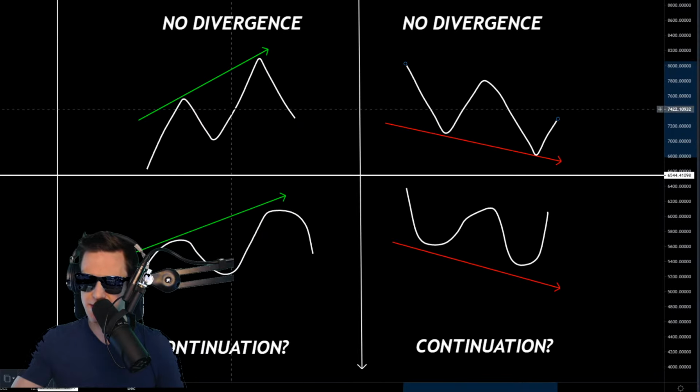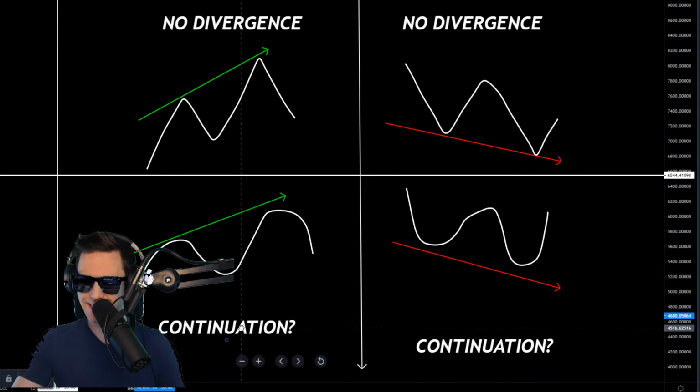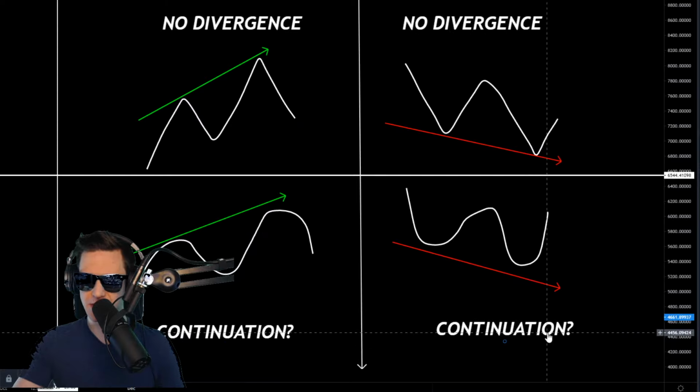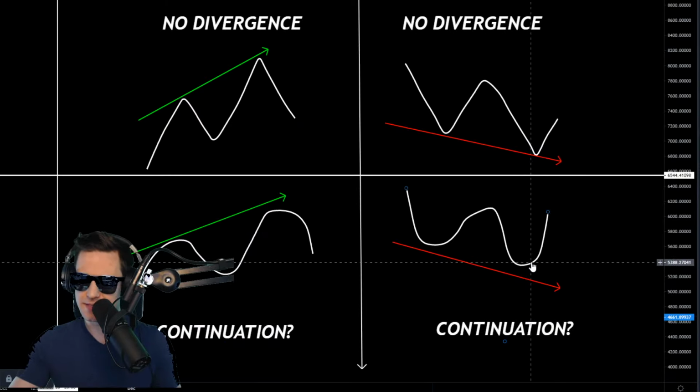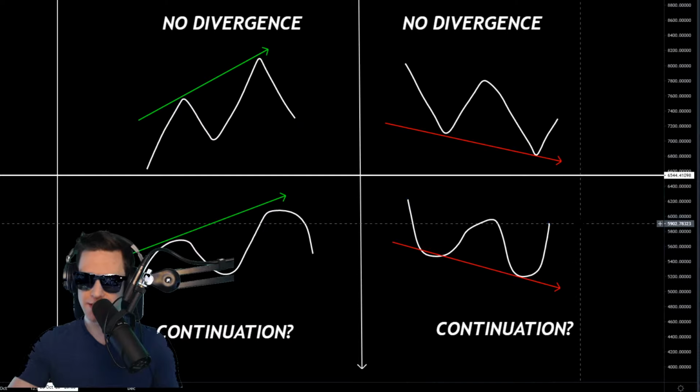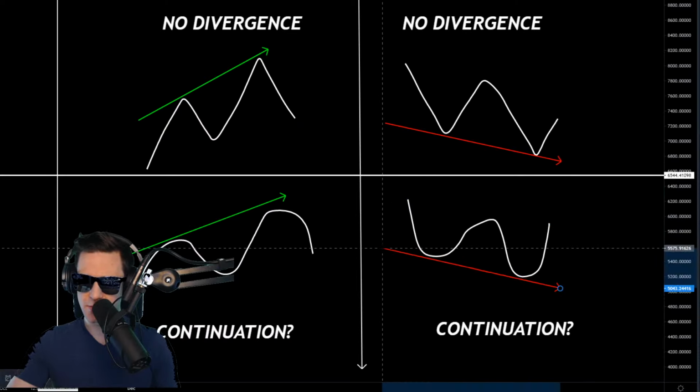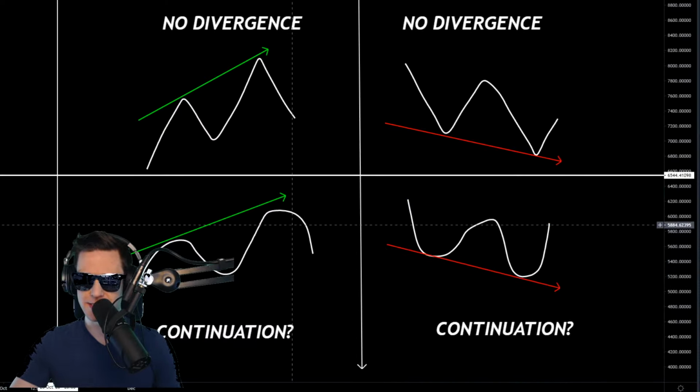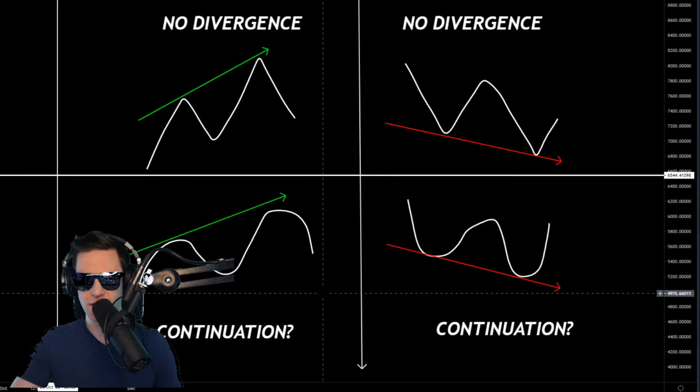There's no divergence there. It doesn't guarantee continuation, but it basically says look for continuation, because we're not seeing any disagreement. We're not seeing our indicators and our price getting into an argument. Price and indicators are agreeing. And so that's no divergence.